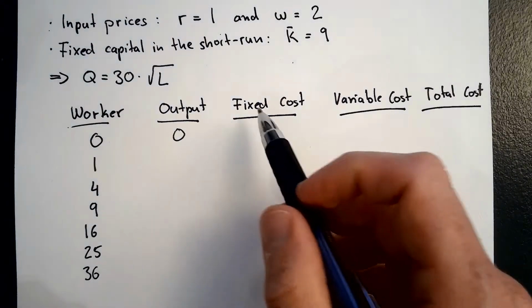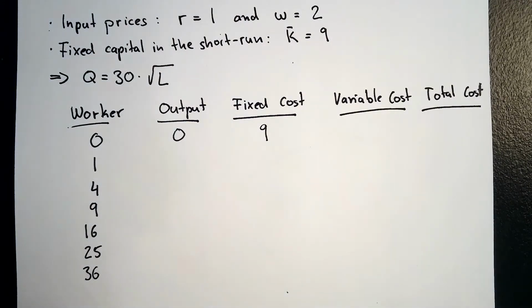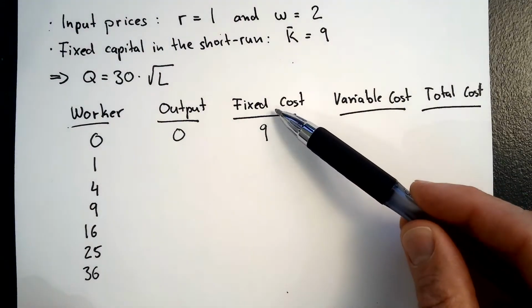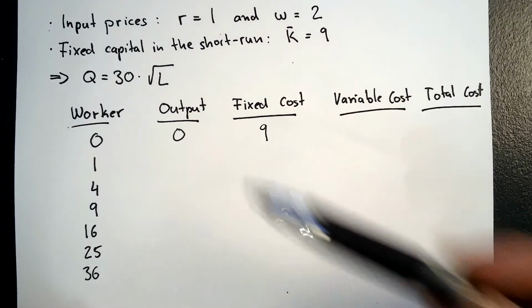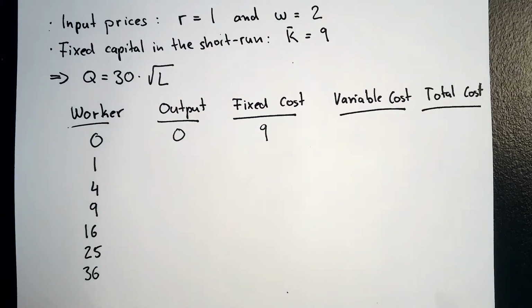Now, what do we mean by fixed cost? The fixed cost is something the firm has to pay even if the output is 0. Consider, for example, all the airlines which were grounded and affected by the COVID-19 pandemic in 2020.